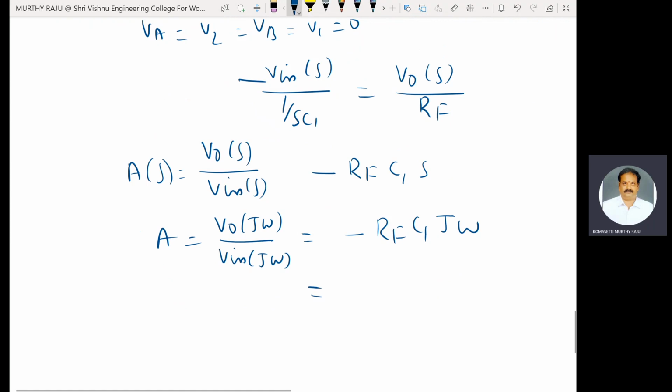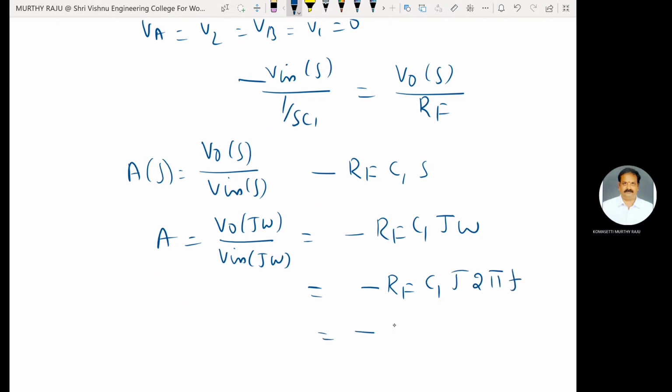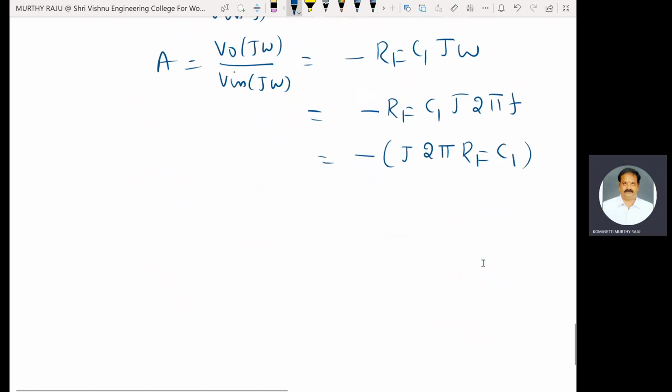Omega is equal to 2 pi f, so minus RF C1 j 2 pi f, that is equal to minus j 2 pi f RF C1. This is the gain of the basic op-amp differentiator.